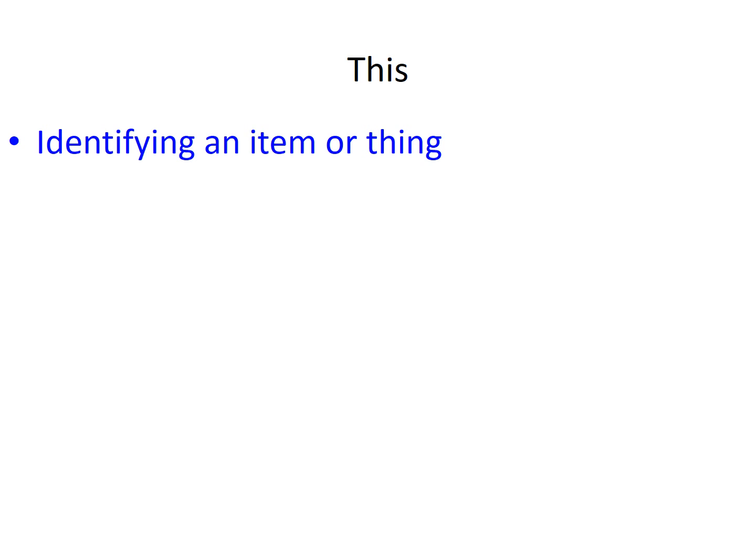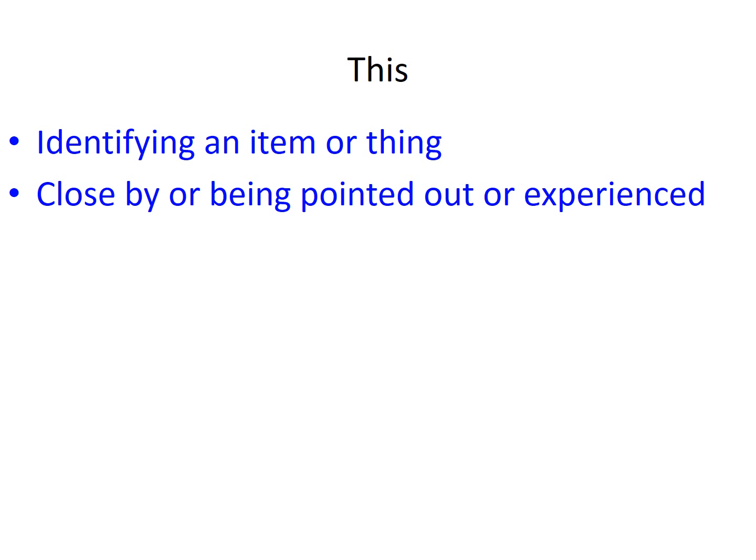So this is used as a demonstrative pronoun that identifies an item or thing. And the thing that's being pointed out or experienced here is close by. For example, is this your hat? When I ask that question, I use the demonstrative pronoun this because I'm pointing out something that's very close and I can see it.